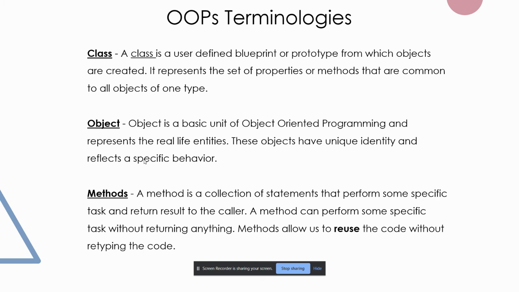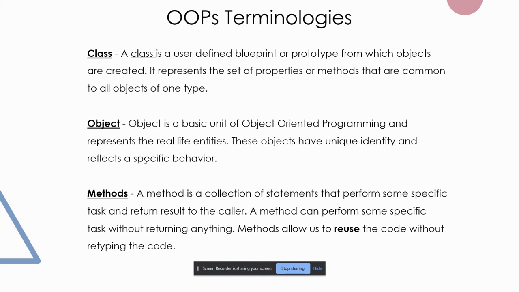Now, object. Object is a basic unit of object-oriented programming and represents the real-world entities. A typical Java program creates many objects, which, as you know, interact by invoking methods. Every object consists of a state, a specific behavior, and identity. Method.